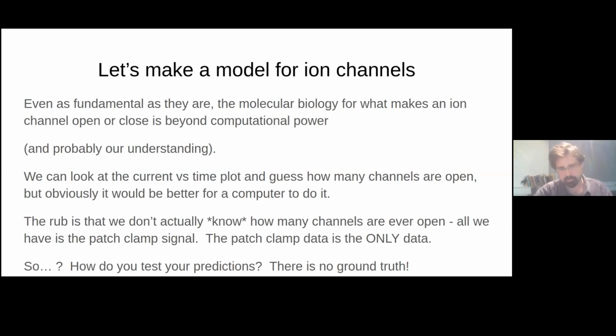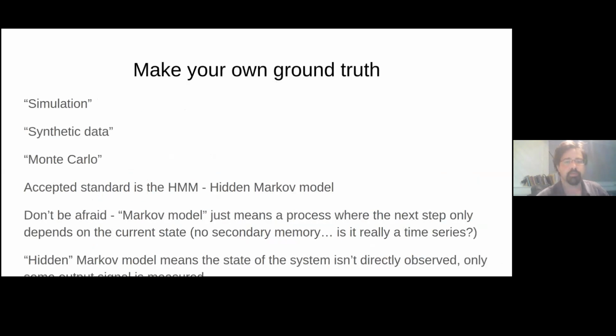All you have is the signal, so you're relying on somebody to guess what the ground truth is. There's no ground truth with purely real data. So you do this hidden Markov model simulation, and evidently the biologists have good evidence that this is how they're behaving. Call it simulation, synthetic data, whatever you want.